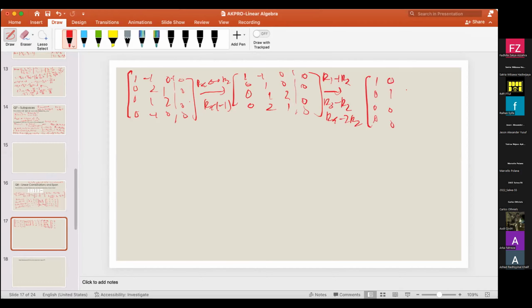R2 is 0, therefore R1 plus R2 is 0. R3 minus R2 is 2, and this is still 1.